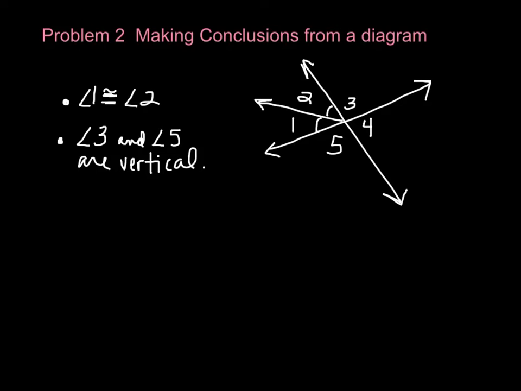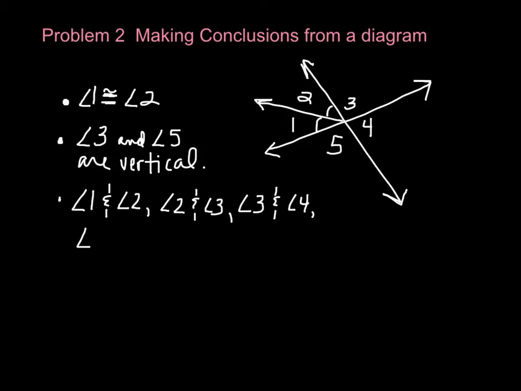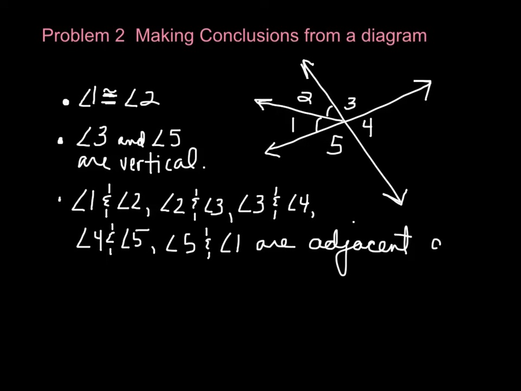We can conclude that angle 1 and angle 2, angle 2 and angle 3, angle 3 and angle 4, angle 4 and angle 5, angle 5 and angle 1 are all adjacent angles.